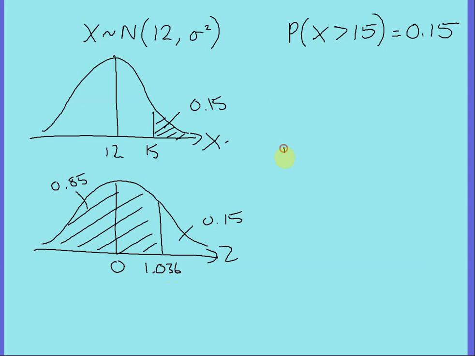So our z-score is 1.036. That's going to equal our observed score, take away the mean, all over our standard deviation. You pull the switcheroo here. So menu 1, 3 divided by the answer, and it's 2.8945 to 4 dp.